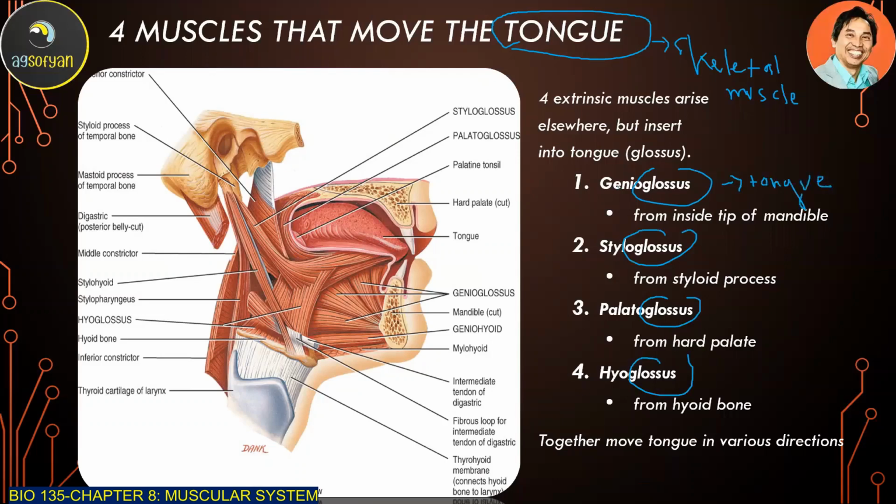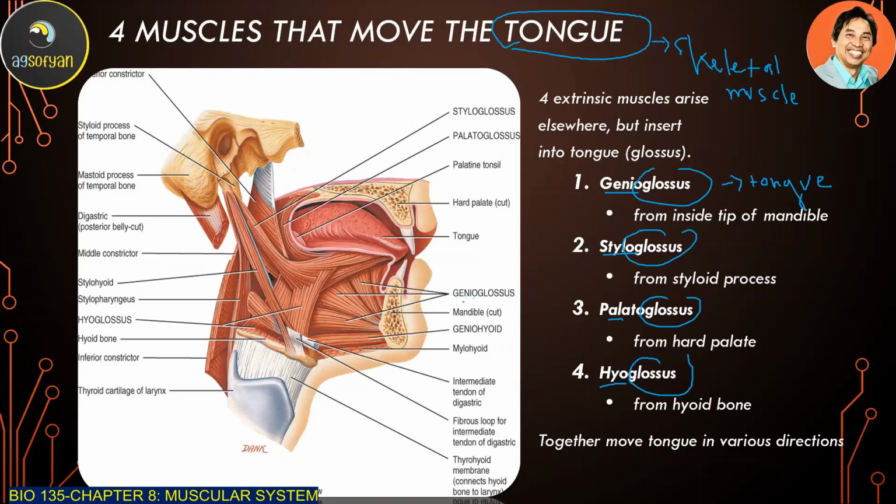And the first word, genio, stylo, palato, and hyo, is actually telling you the location of the origin. So this is actually the name of the bones that make the tendon of origin for this glossus muscle, the tongue muscle.